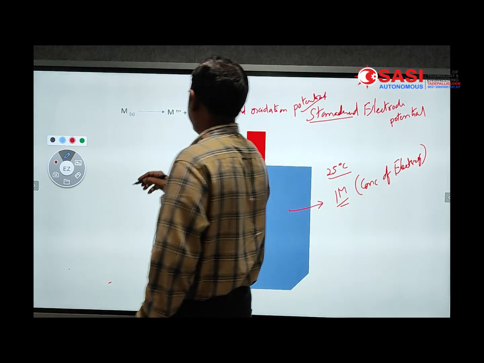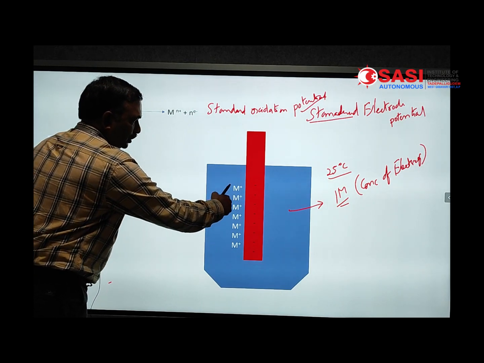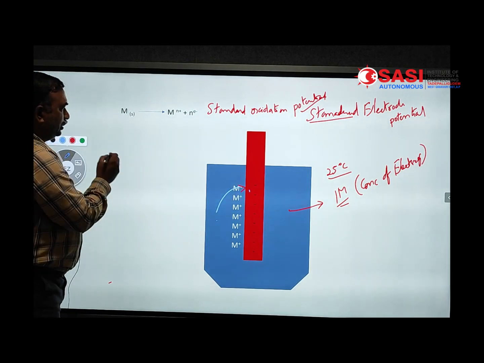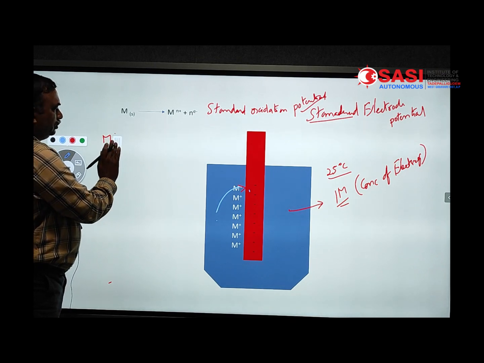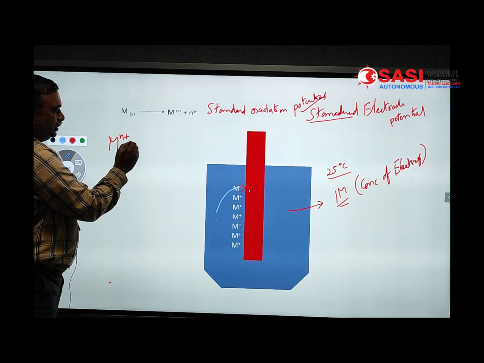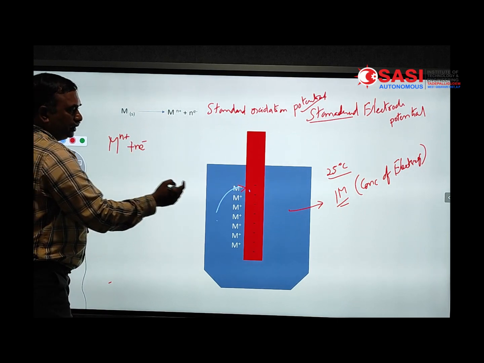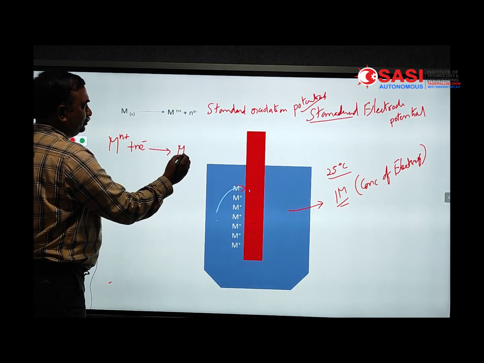So if the opposite reaction is happening, that means the ions which are present in the solution are entering into the metal, then the reaction we will call it as Mn plus is reacting with the electrons which are taken from the electrode, and you are getting a metal.